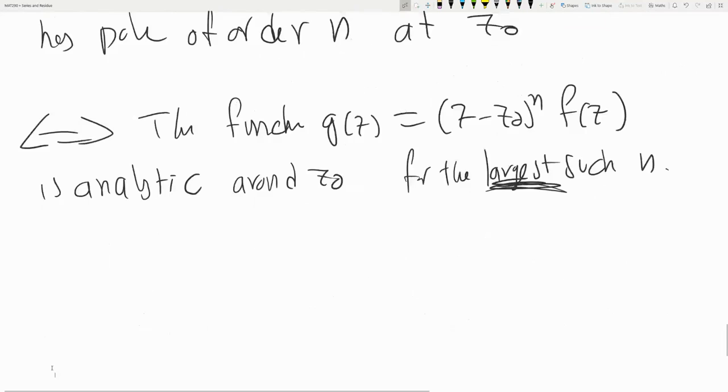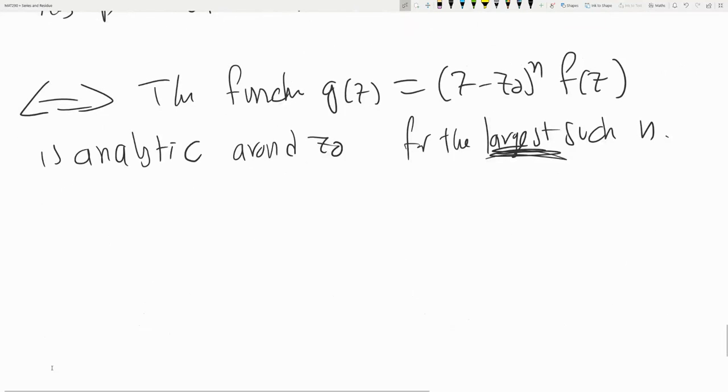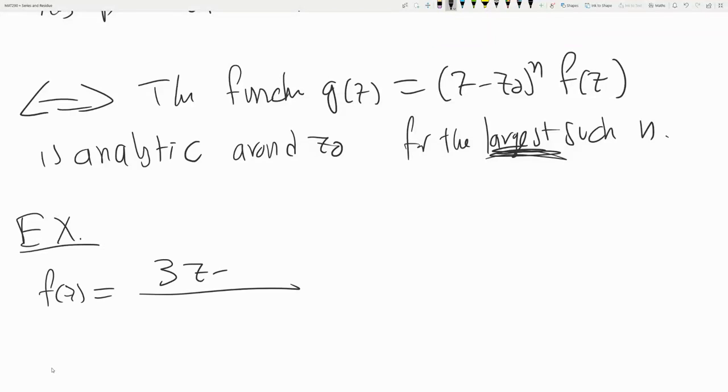Let's start with a ratio. So we have f of z equal to 3z minus 1 over a polynomial, plus 5.